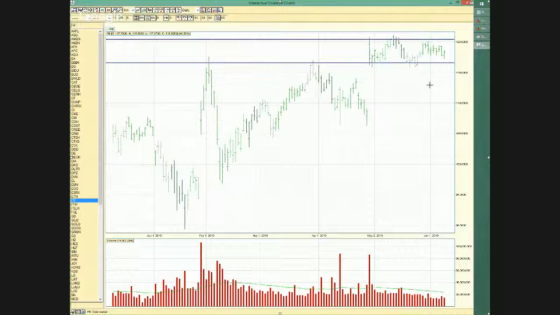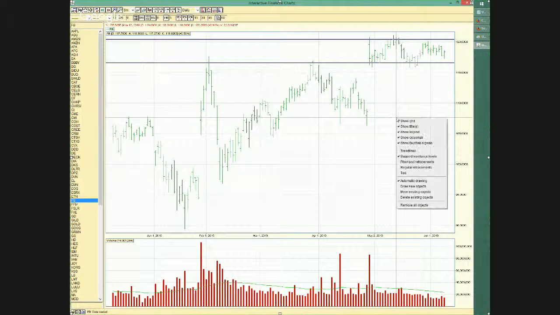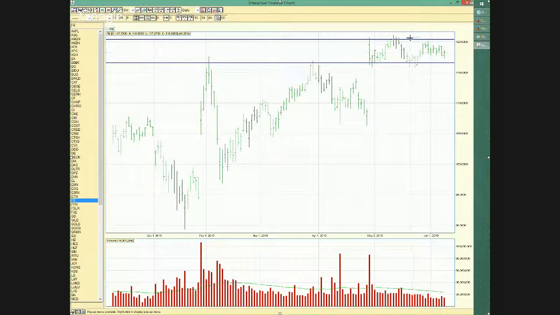Again, the longer it's been going horizontal, the better. The more times that it's been testing support and resistance, the better. Because what we're trying to do is set up a nice normal distribution curve that we can overlay, and it just makes sense that it's not skewed in one direction or another.